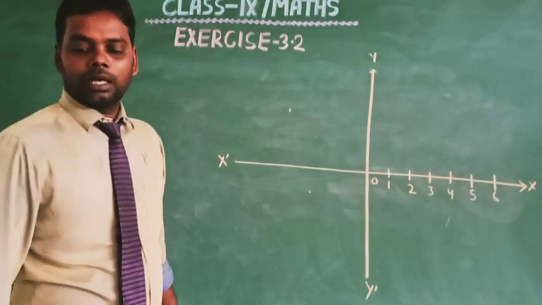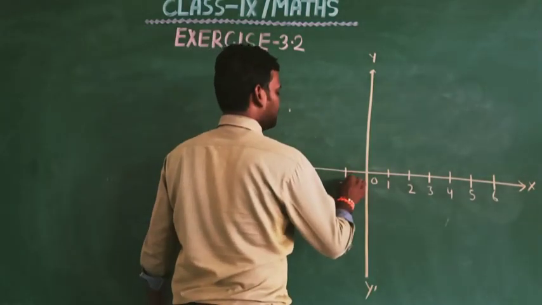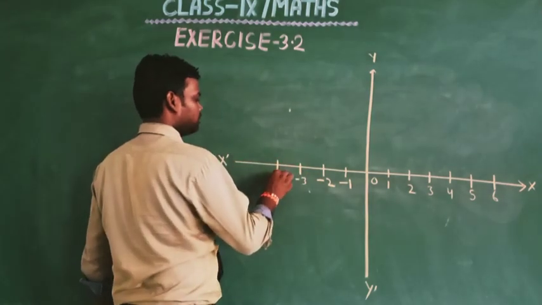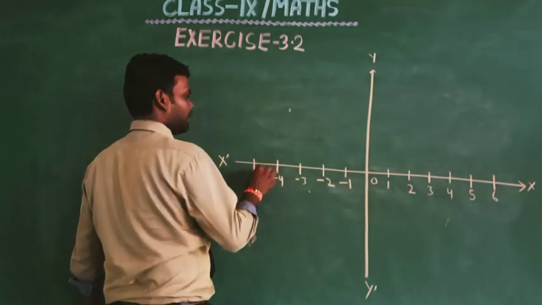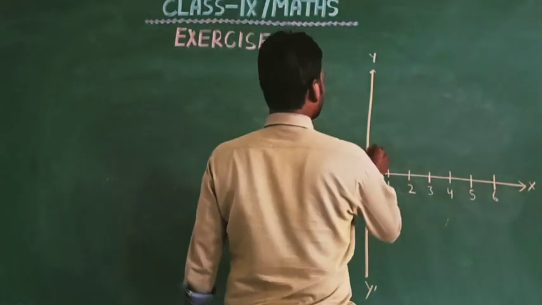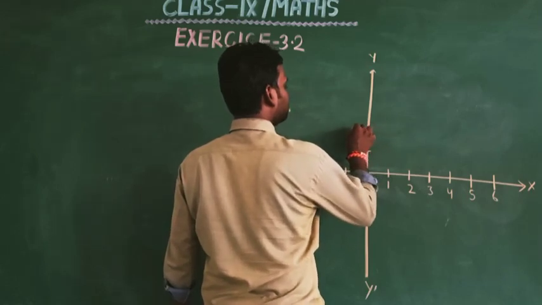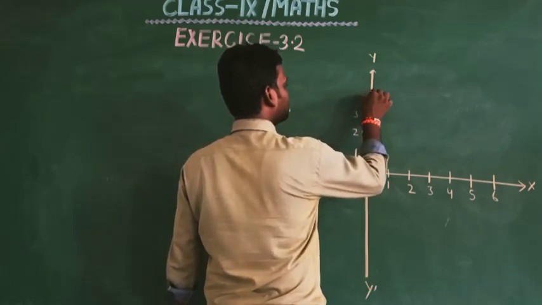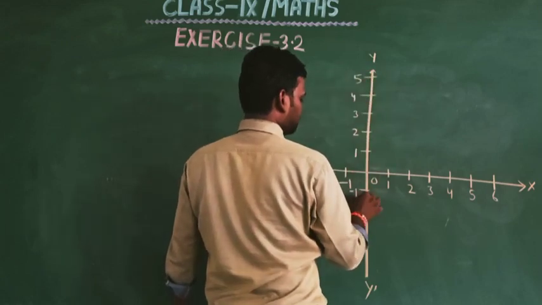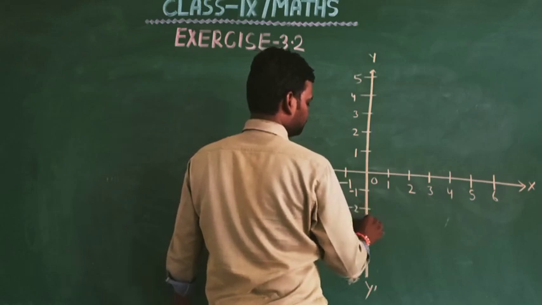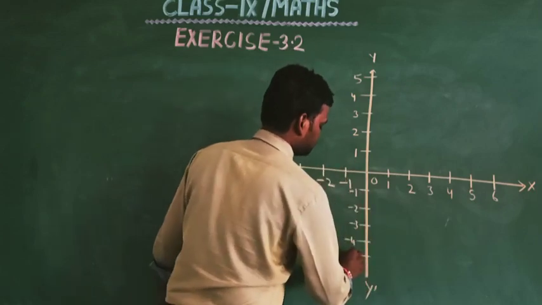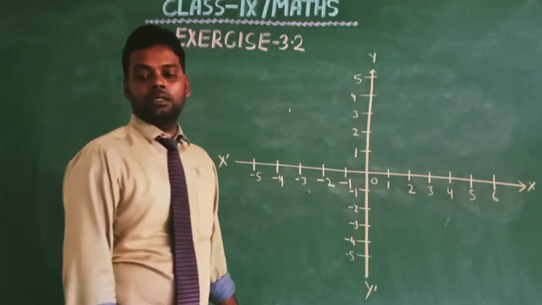On the x axis mark 1 2 3 4 5 6, and on this side -1 -2 -3 -4 -5. On the positive y axis, this is 1 2 3 4 5, and here are -1 -2 -3 -4 -5.